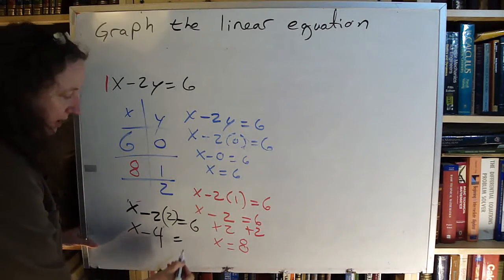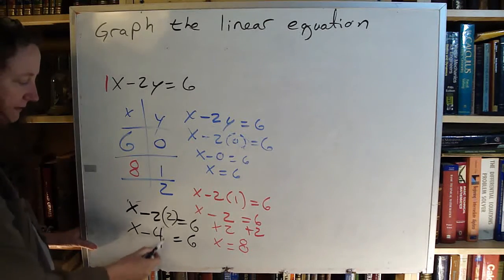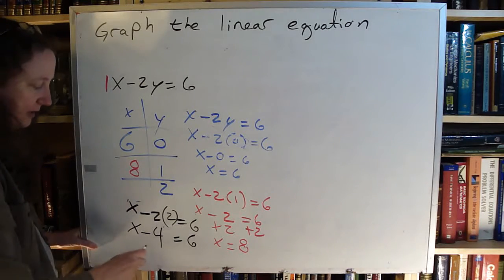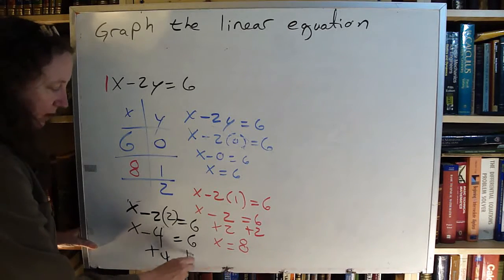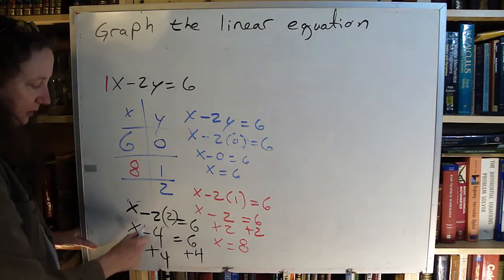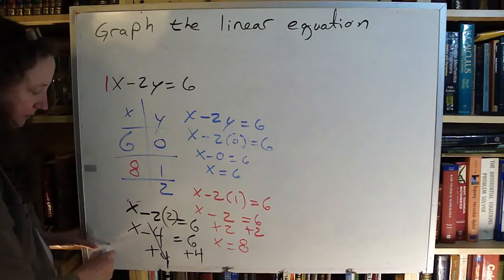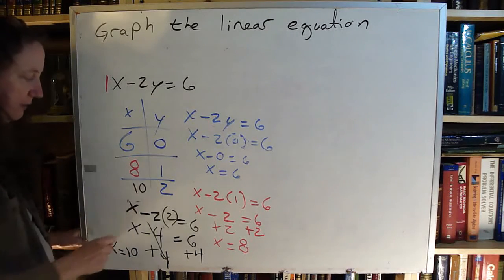Carry down my equal sign, carry down my 6. Solving for x, I'm subtracting the 4, so to get it to the other side, I add 4. What I do on one side of the equal sign, I do the same thing on the other. So the minus 4 plus 4 cancels out. I have x equals 6 plus 4. I get 10. Take my 10, plug it in over here.